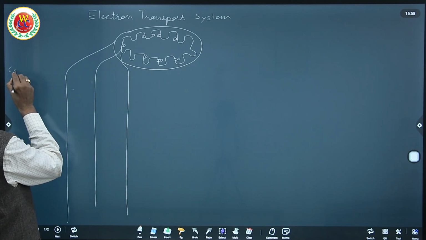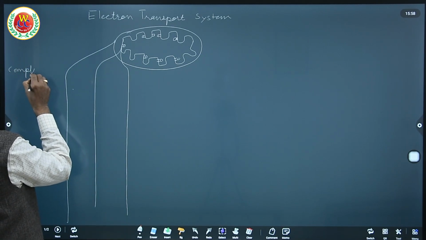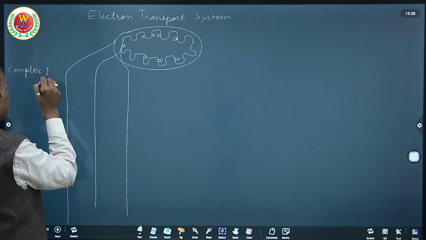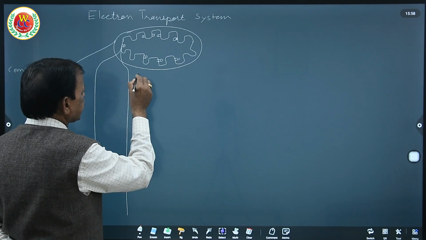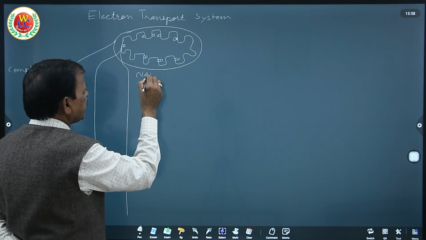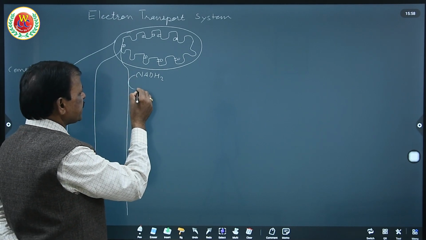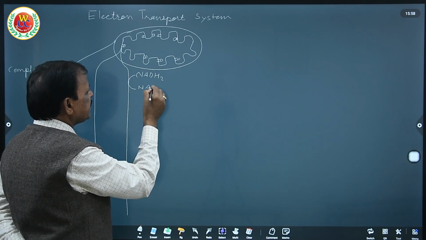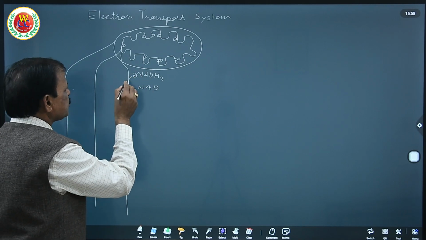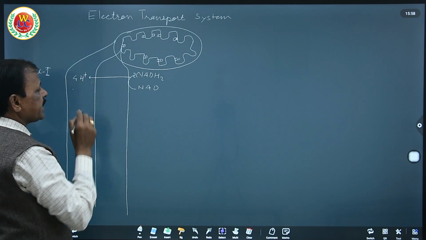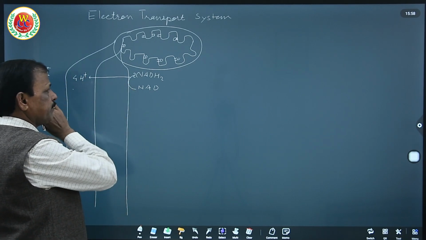I write here, complex 1 is NADH2 dehydrogenase, which enables NADH2 to oxidize and release protons, the 4H, which are directly transported across the membrane.